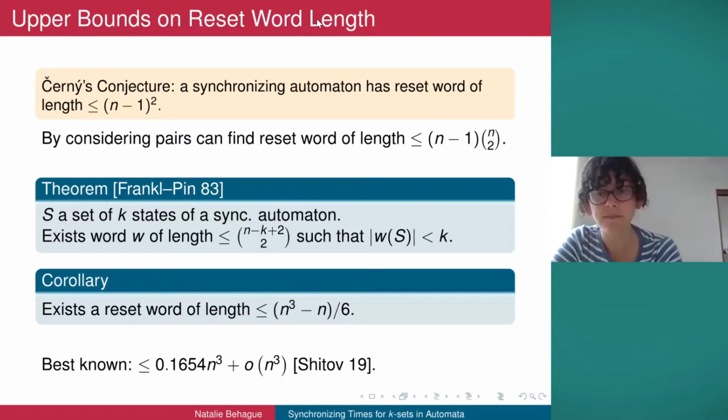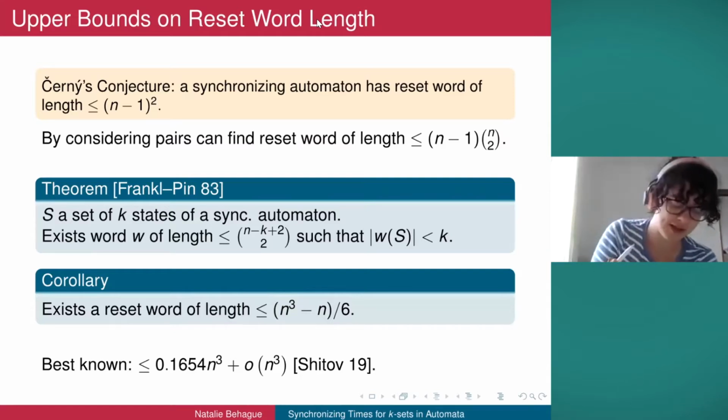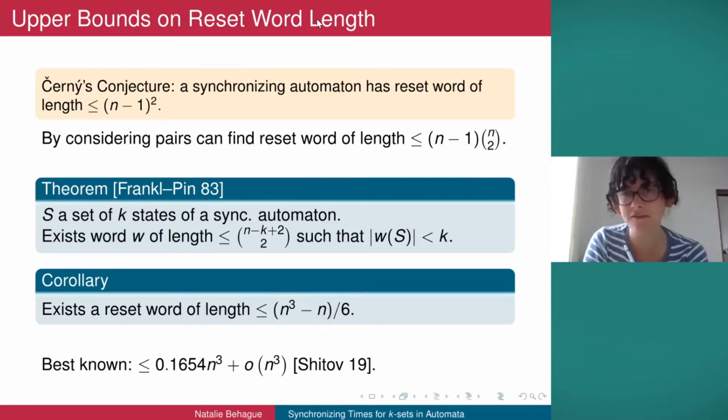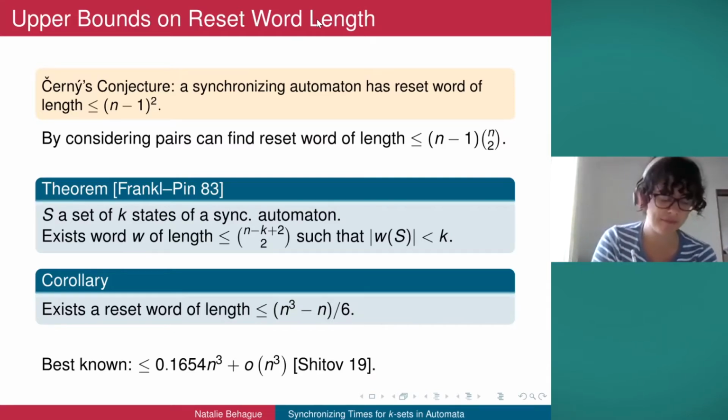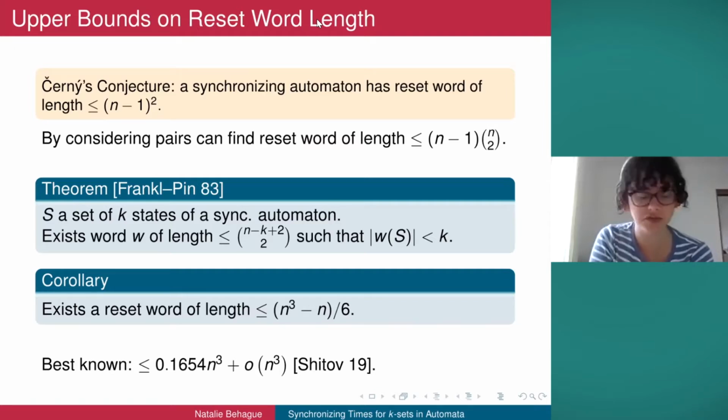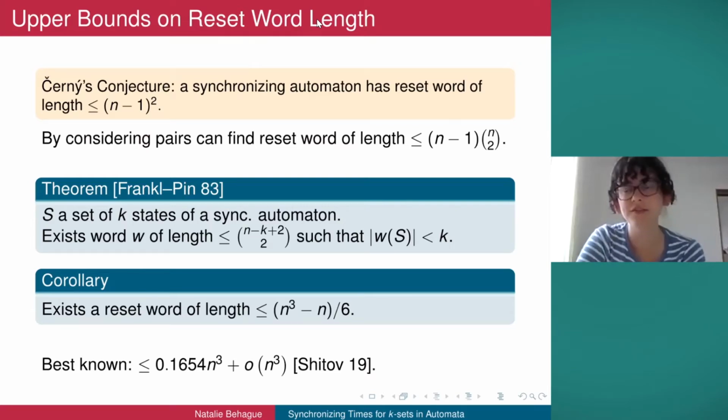The best known, from 2019, is 0.1654 n cubed, which is an improvement on n cubed over 6, but a very, very small one. And especially embarrassingly small, considering that the conjecture is actually that it's n squared and not n cubed at all. So yeah, it seems like this is a hard question.